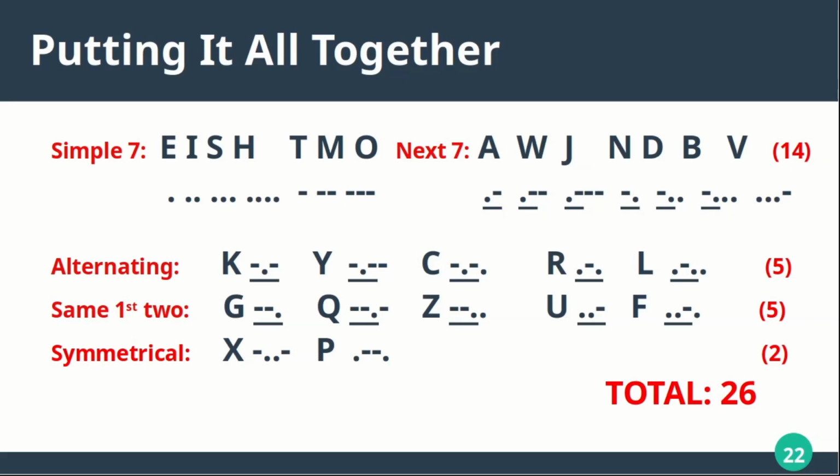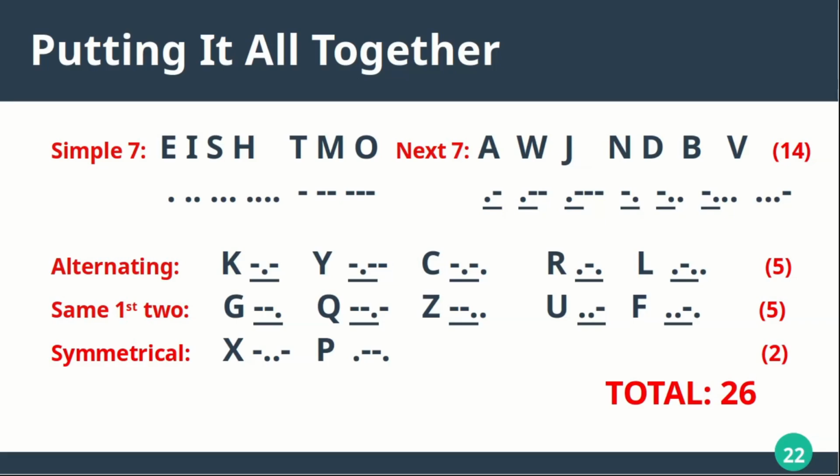We've got X and P there, which are kind of what I call the symmetrical symbols, because you can split them down the middle and they look like they're in a mirror image of each other. You have a dash dot and then dot dash, or dot dash dash dot. And 2 more symbols that don't code for anything are 4 dashes in a row.